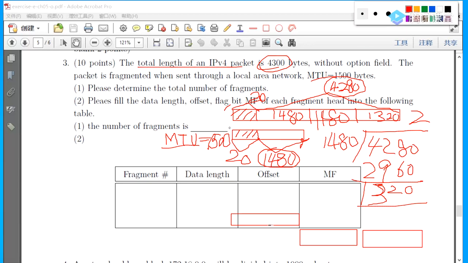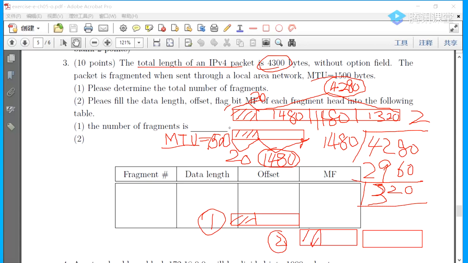What kind of 3 segments? Segment 1, 2, 3, right? So the 1,480 is filled in the first one.